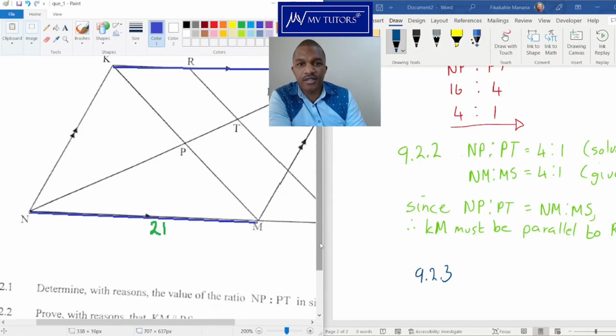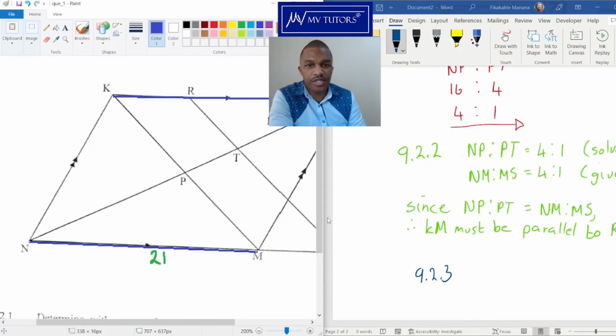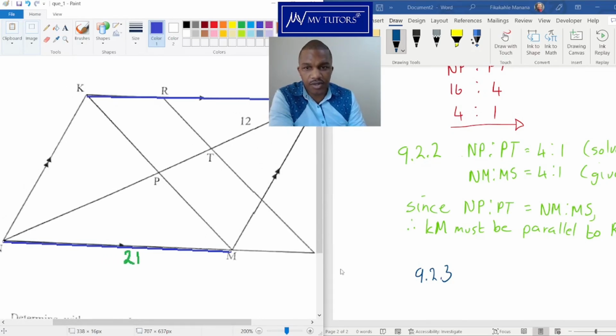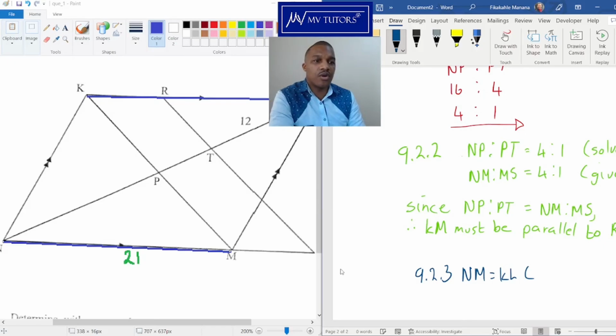Do you see that? Which means that NM is equal to KL. So we're going to say NM is equal to KL. Why? Because sides of a parallelogram are equal.